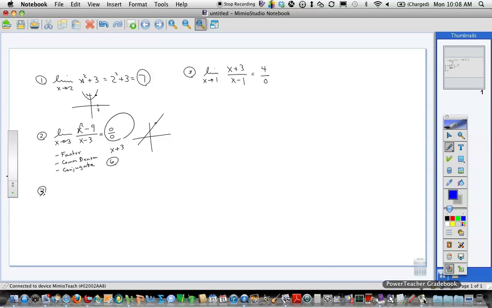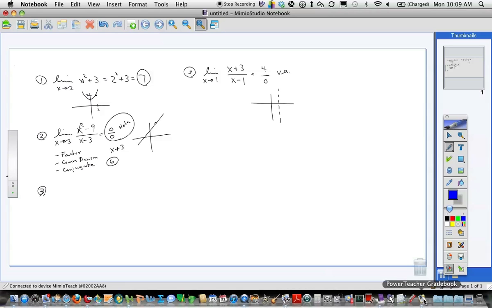0 over 0 is a hole in the graph. The cars are still going to meet. 4 over 0 is a vertical asymptote on the graph, almost every time. So this particular graph at 1 is going to have a vertical asymptote, which usually means something to do with infinity.